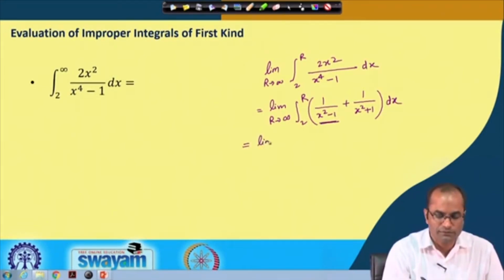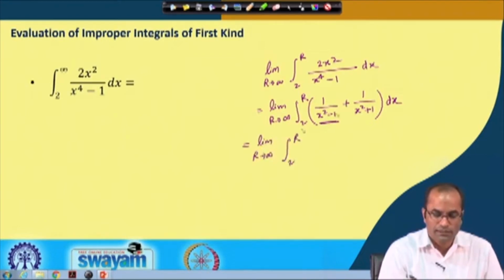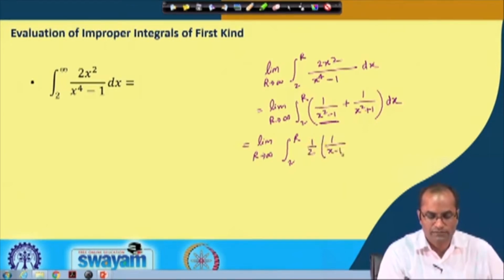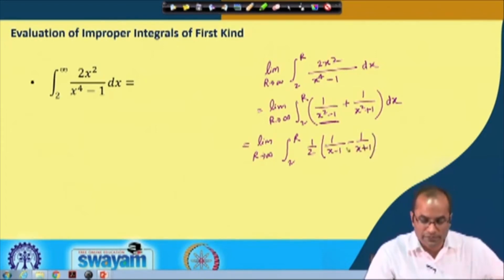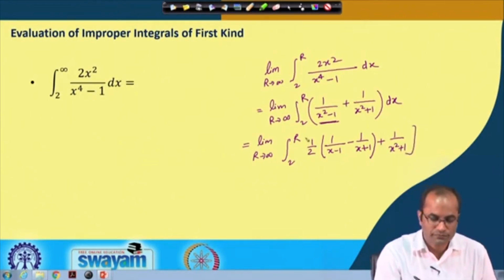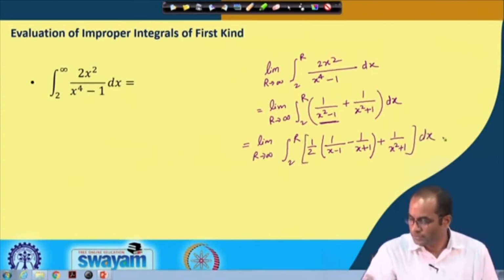So, we have the limit r to infinity, the integral from 2 to r of 1 by 2 times 1 over x minus 1 minus 1 over x plus 1, which is the partial fraction of 1 over x² minus 1, and then plus 1 over x² plus 1, and everything over dx.